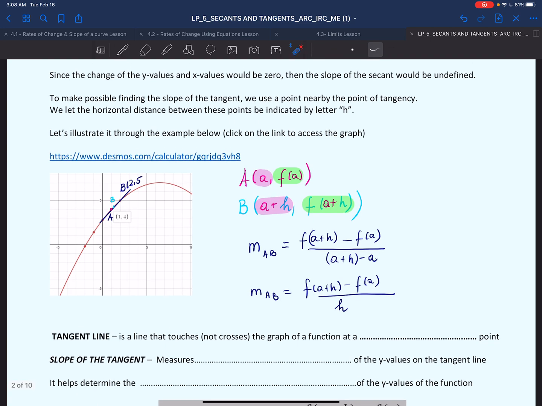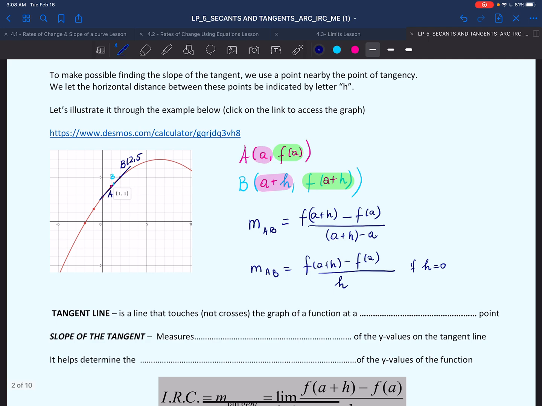So if h becomes almost 0, then we are going to say that the secant AB will turn into a straight line that touches the graph only at one point. So B will be onto A, and the secant will touch the graph at one point.